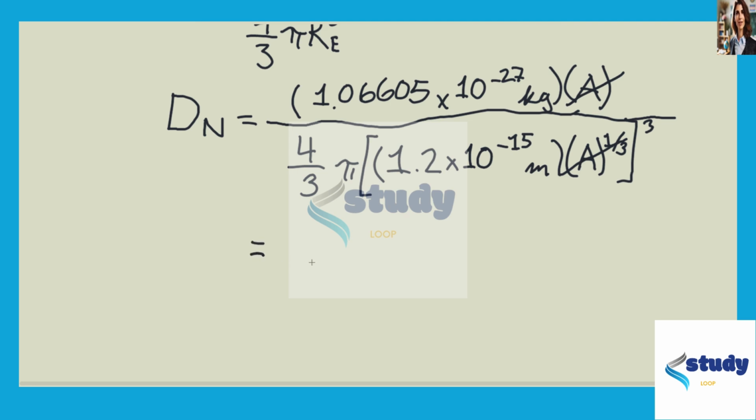We find that this works out to a density of 2.30 times 10 to the 17th, I'm sorry, not to the negative, 10 to the positive 17th here, and that is in units of kilograms per cubic meter.